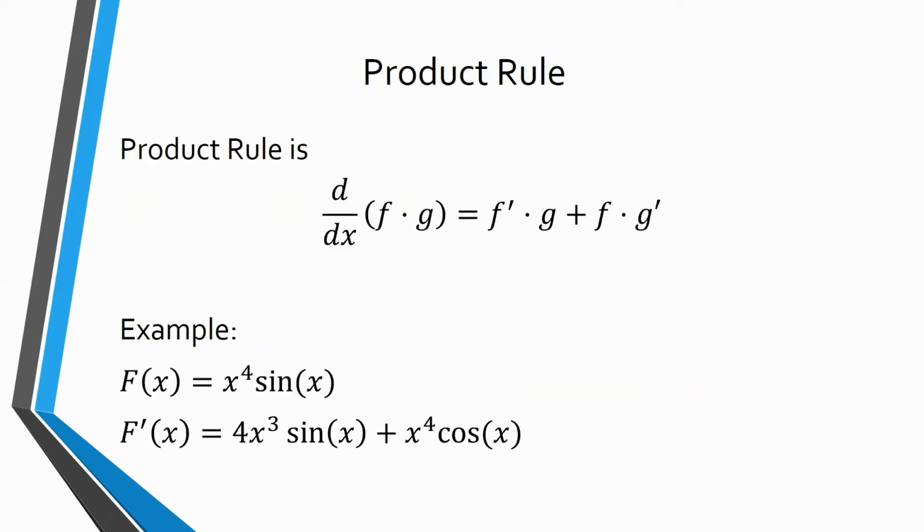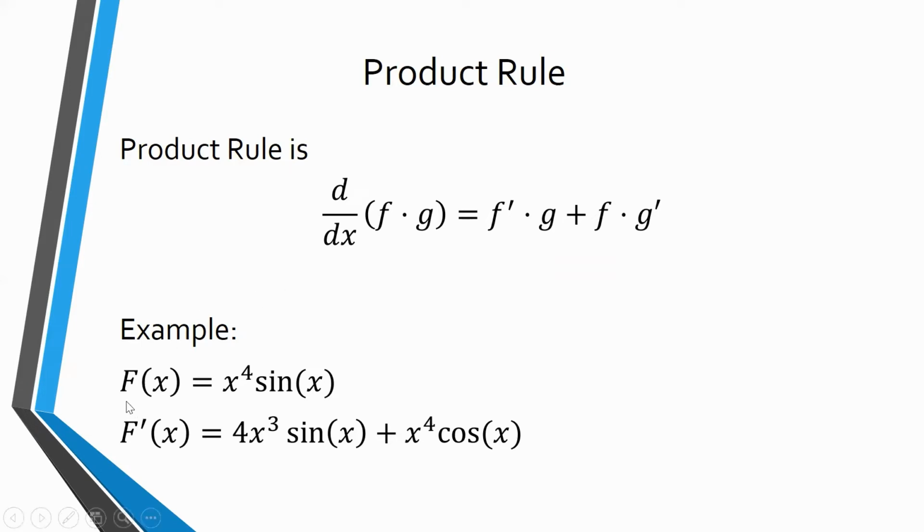Remember what the product rule said. The product rule said that if you take the derivative of the product of two functions, what you can do is take the derivative of one times the normal other plus the normal one times the derivative of the other.